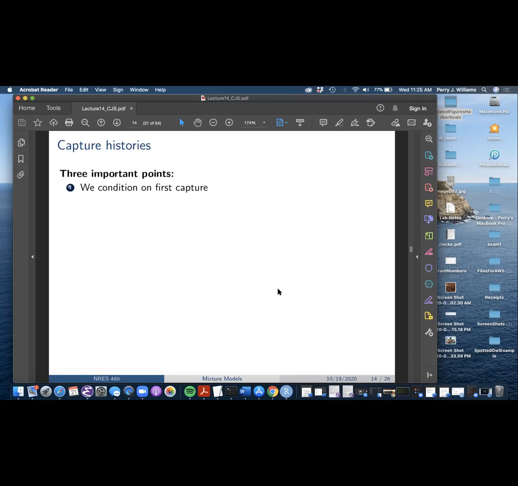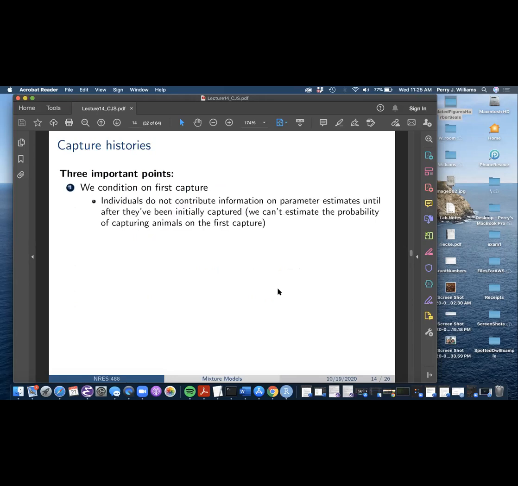Okay, so 3 important points. We condition on first capture. Individuals do not contribute information about the population parameter estimates until they've been captured. So this goes back to my earlier point that all of our estimates on our parameters are conditional on the animals that we actually capture.